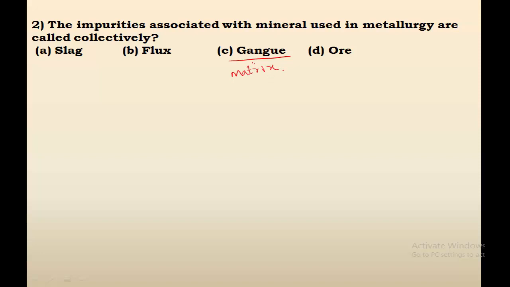Gangue or matrix. And you know, flux is the chemical reagent added to remove the gangue particles from ore. And slag is the combination of flux and impurities. Ore is already known. So option C, gangue, is the right one.